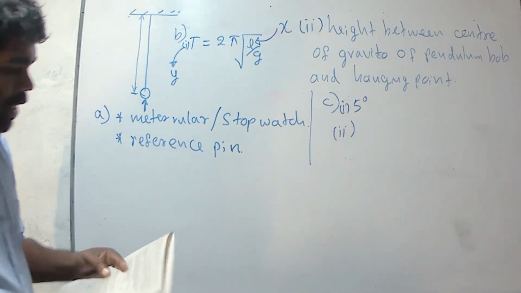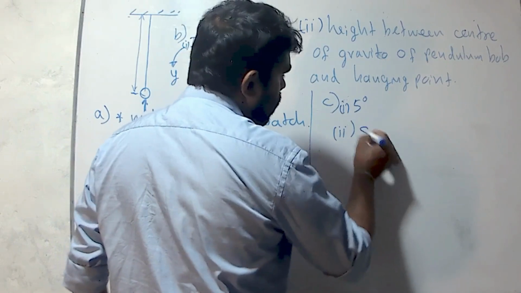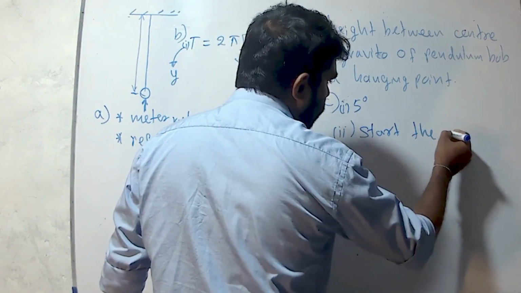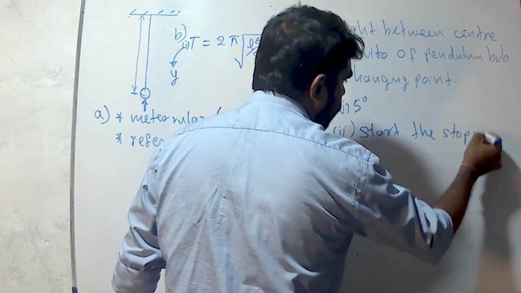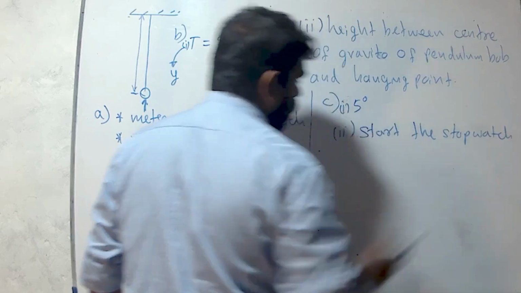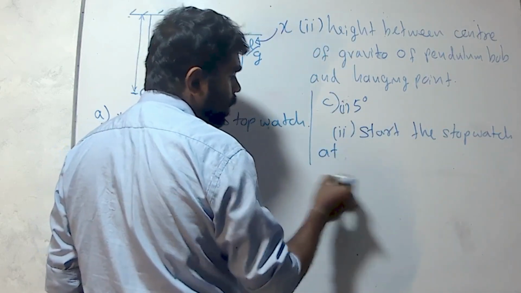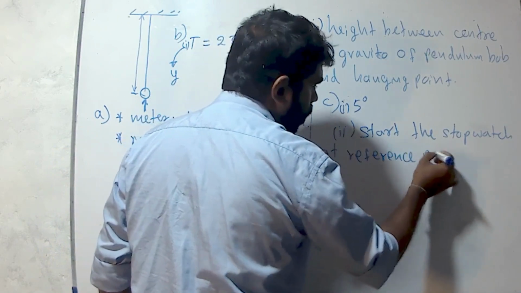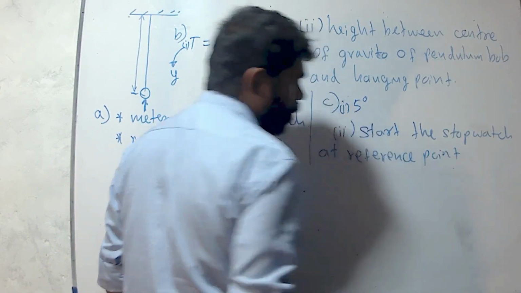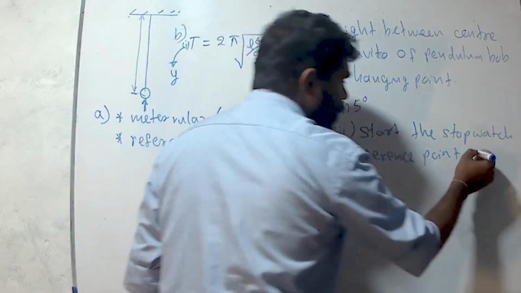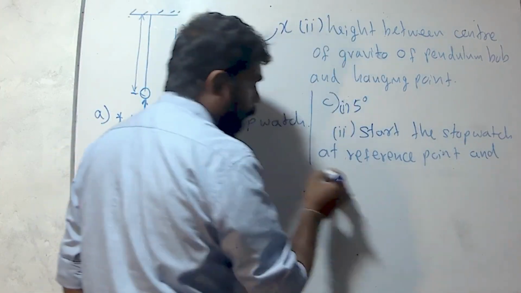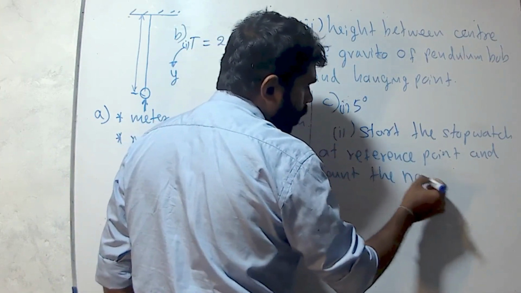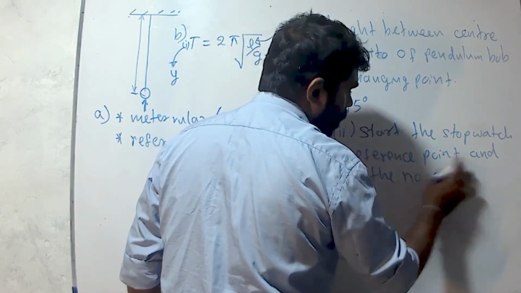Then you can write: start the stopwatch at the reference point and count the number of oscillations.